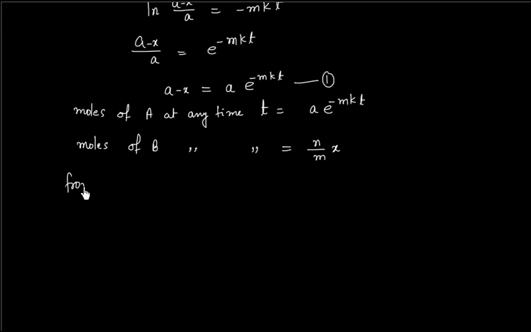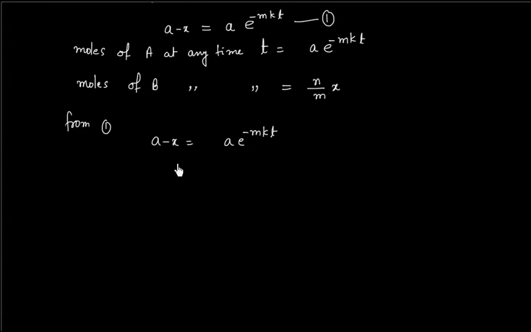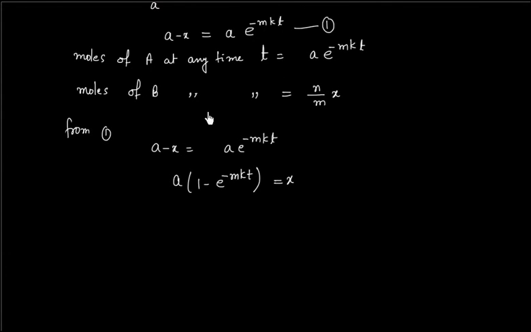So from 1, A minus x is equals to A e to the power minus mkt, so from here we can write x. So moles of B is n by m into x.